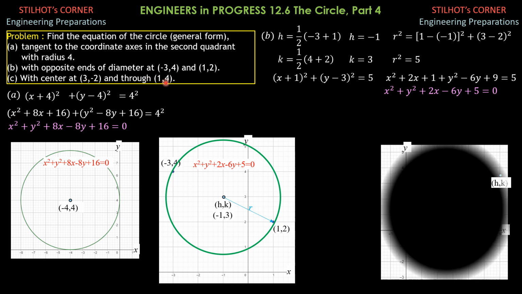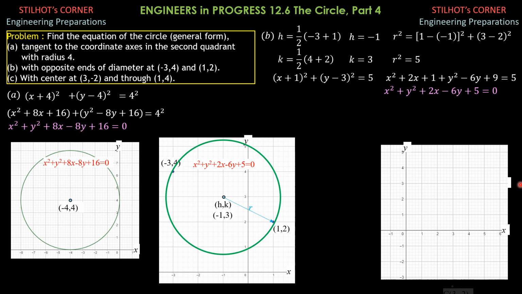So h comma k, that's the center, 3, negative 2, and it passes through 1, 4, which is here. And let's just draw partially the circle because we ran out of space, and the radius is simply the distance between these 2 points.